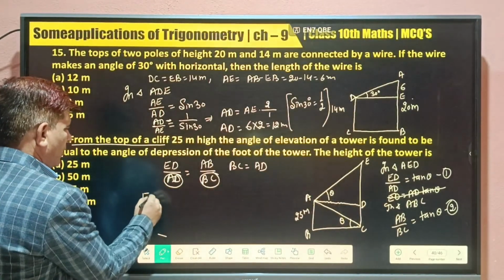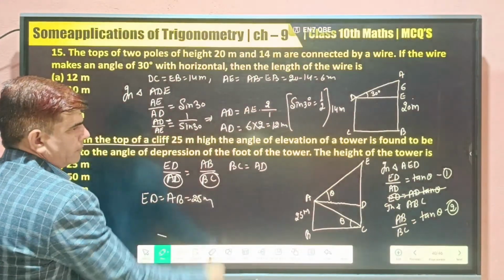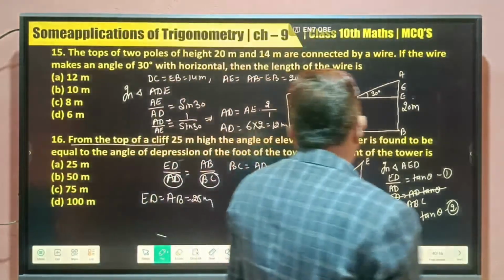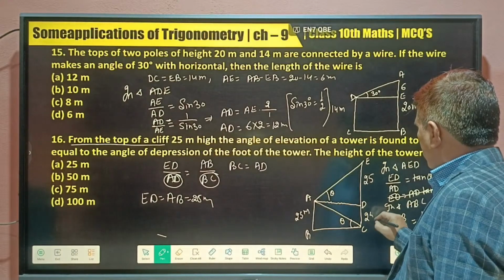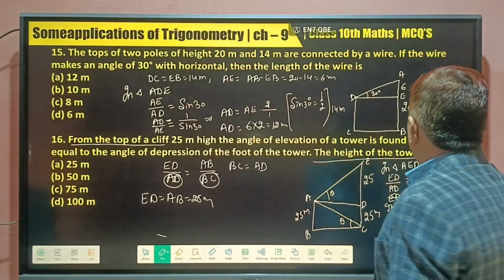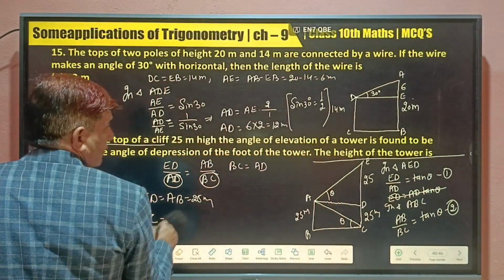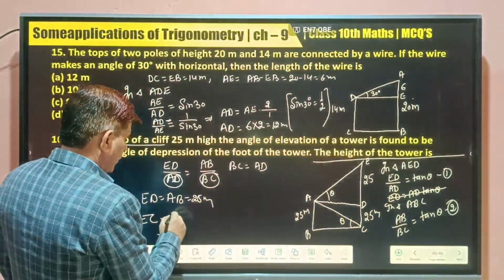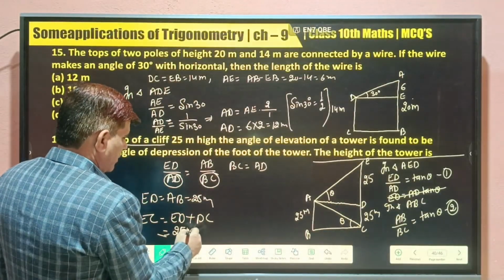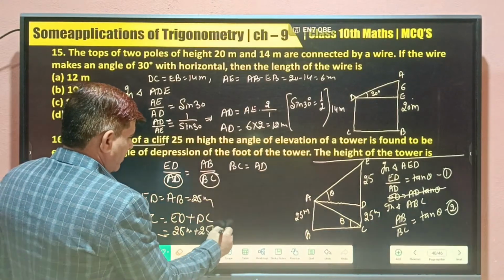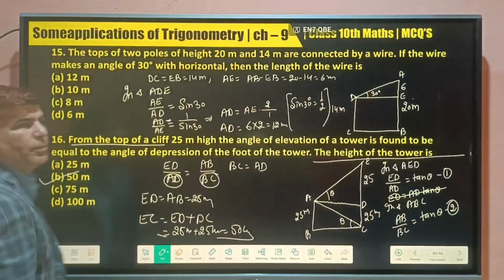So ED equal to AB is equal to 25 meter. This is 25 meter. This also 25 meter. And we have to find out the height of the tower. Height of the tower is EC. What's EC? EC equal to ED plus DC. EC how much? 25 meter plus 25 meter, 50 meter. So which one is your answer? B is your answer.